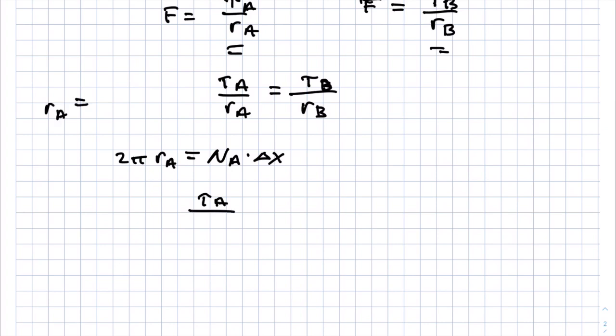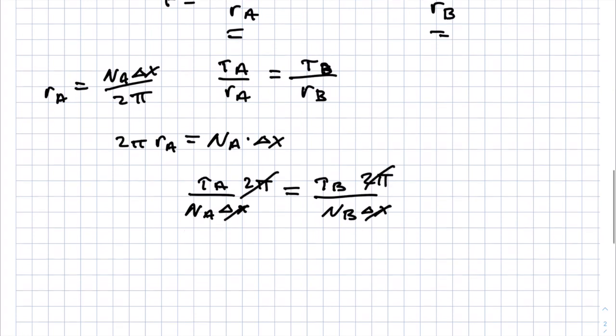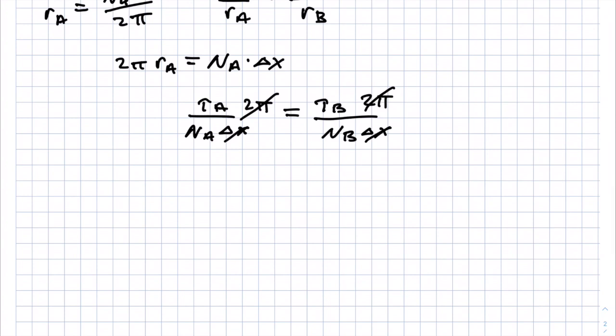RA is NA delta x over 2 pi, and we would have a similar expression for RB, NB delta x over 2 pi. So the 2 pi and the delta x cancel, and we have a different equation for torque.